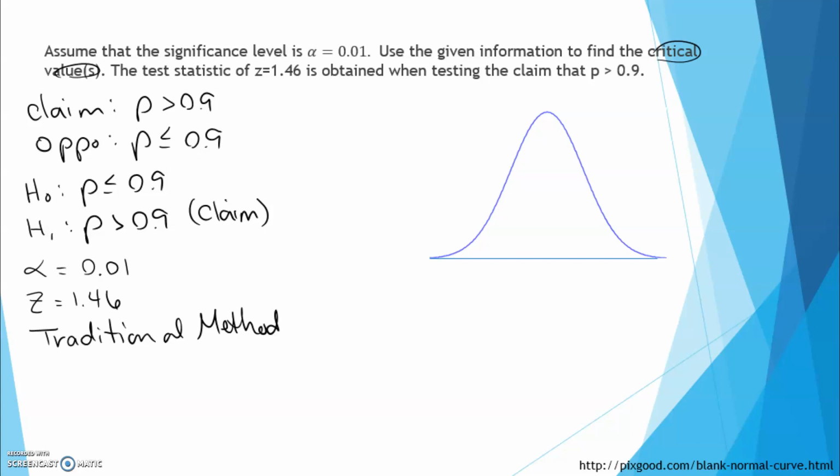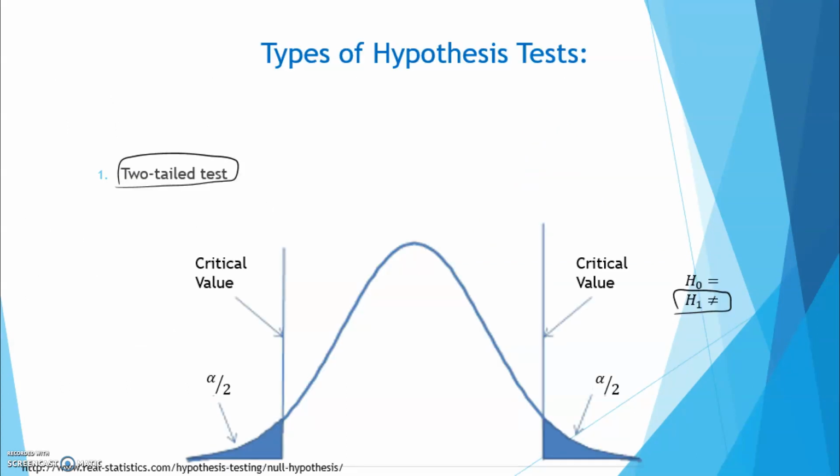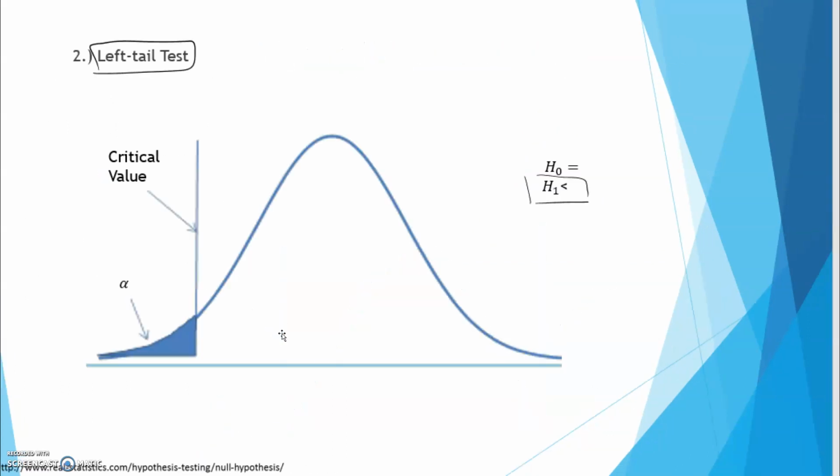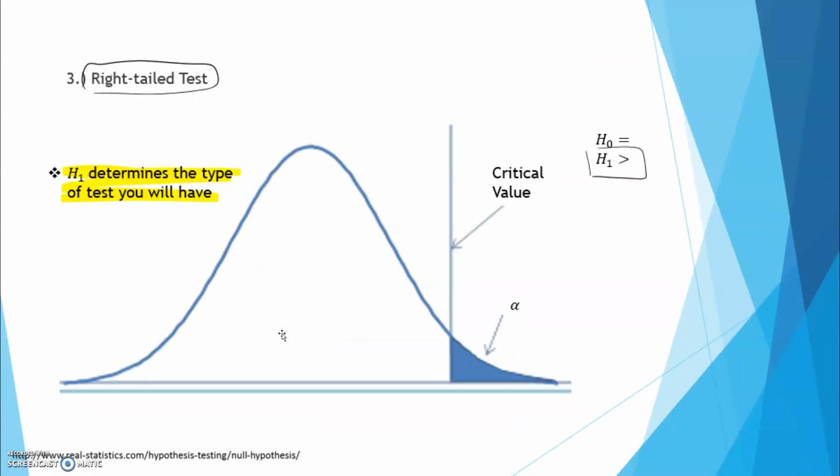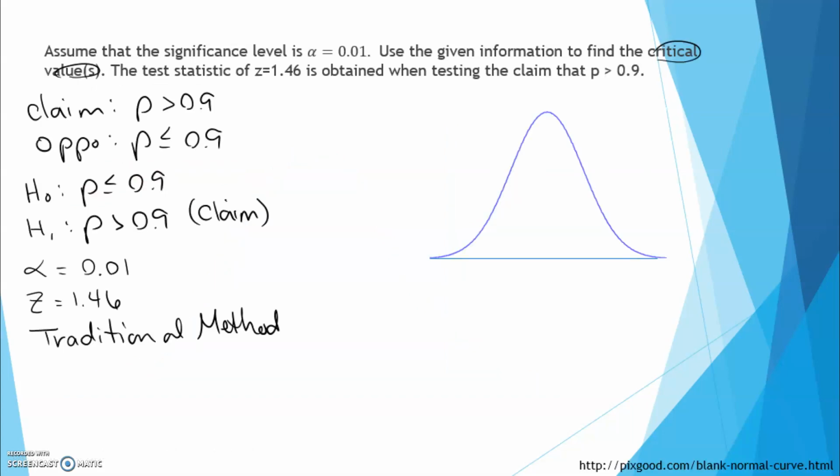So I need to figure out, do I have a two-tail, a left tail, or a right tail test? And remember, h sub 1 is the one that will determine what type of tail test you will have. Okay, so h sub 1 is greater than, so we have a right tail test.